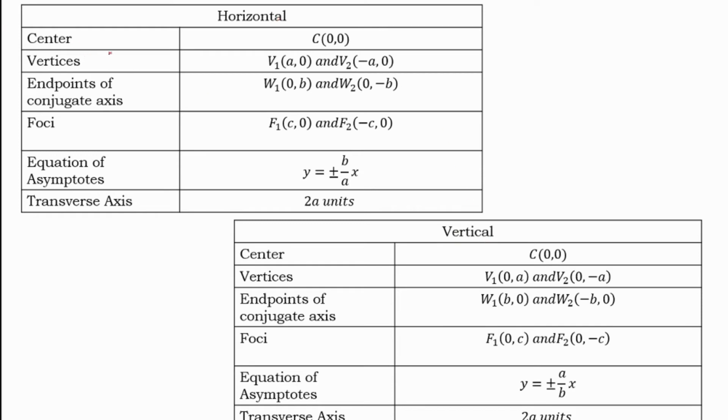As you can see here, we have center, vertices, endpoints of conjugate axis, foci, equation of asymptotes, and transverse axis. They are the same parts, the only difference is their orientation. It's not hard to remember since it's just A, B, and C. And for the asymptotes, we just put the values of B and A in our equation, and separate it as positive and negative.